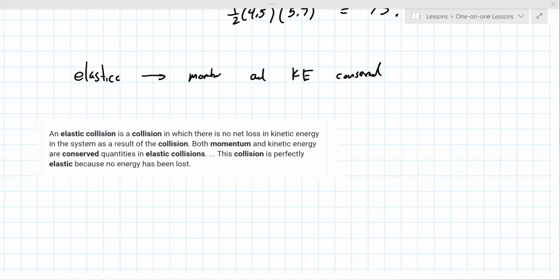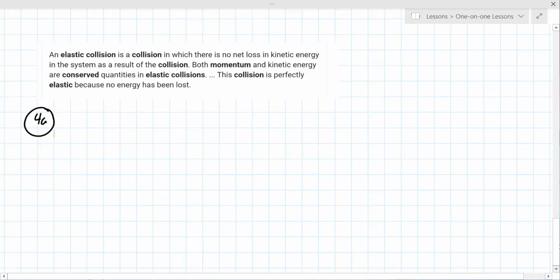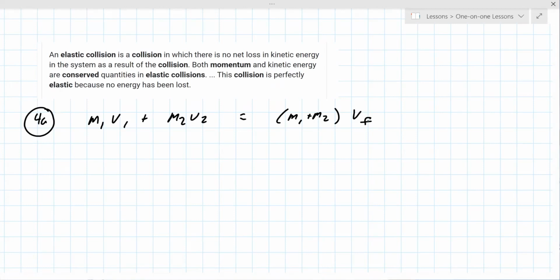Okay, so for part A, the total momentum of the system is m1 v1 plus m2 v2 equals m1 plus m2 times V final. Oh, okay. Because it's an inelastic collision, I guess they stick together. That's what I'm vaguely recalling. They stick together.